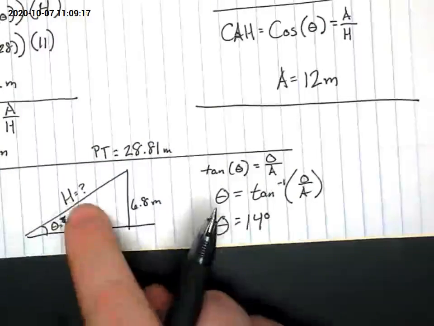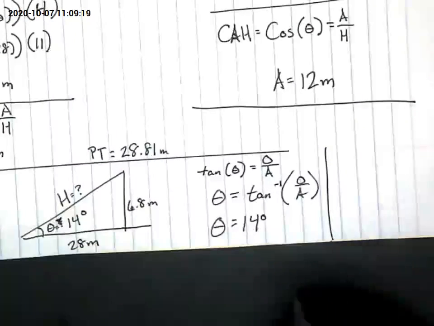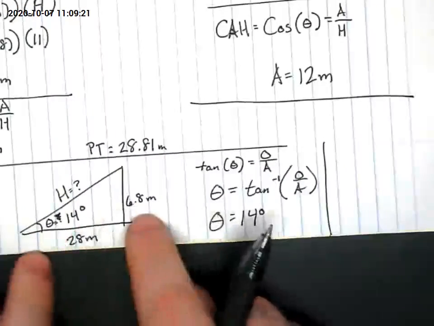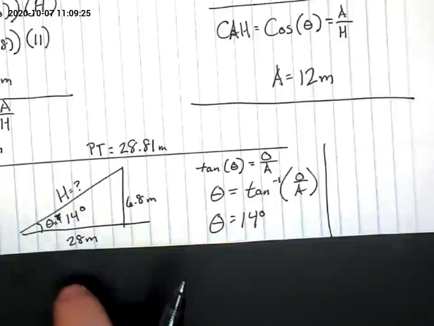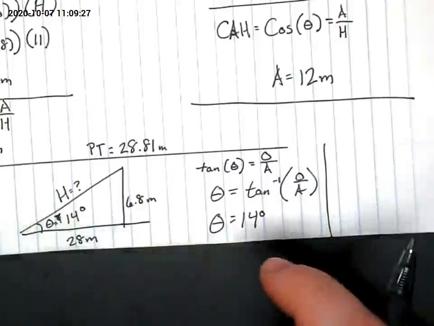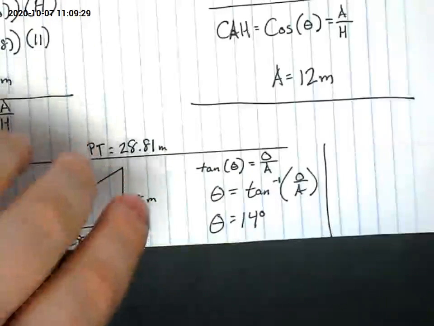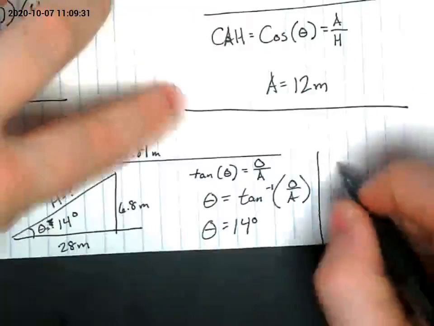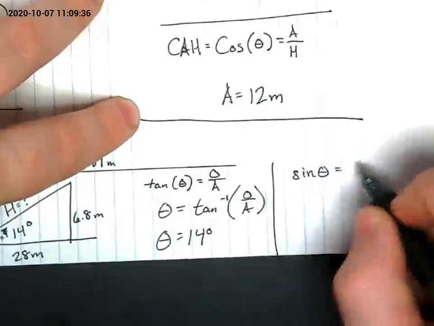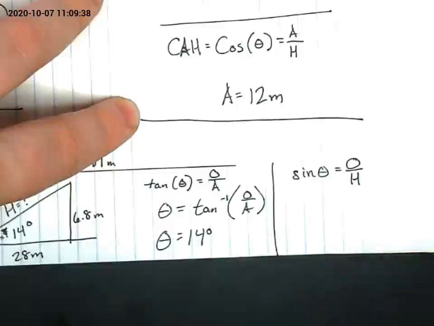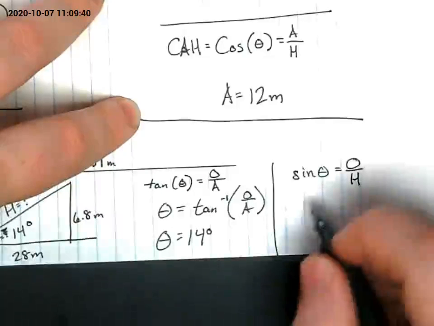Now we've got to solve for our hypotenuse. Now that we've got theta, we have choices. We can use sine, we can use cosine, it doesn't really matter. Let's just use sine, just because it's the first one I thought of. So sine of theta is equal to opposite over hypotenuse, SOHCAHTOA.